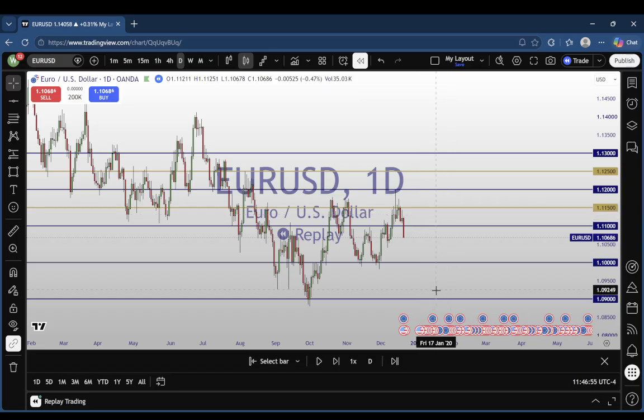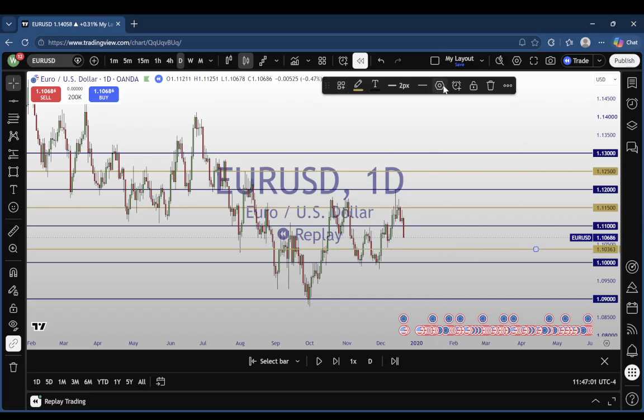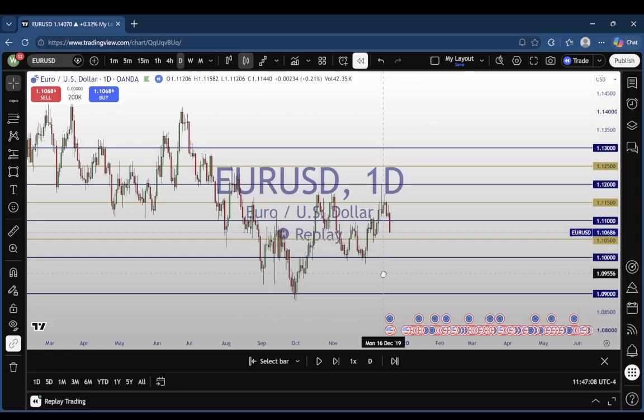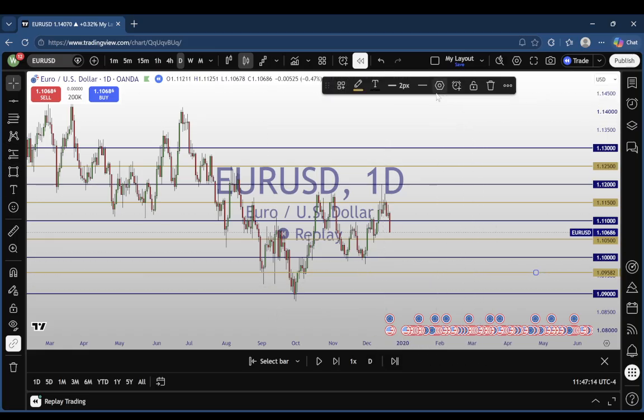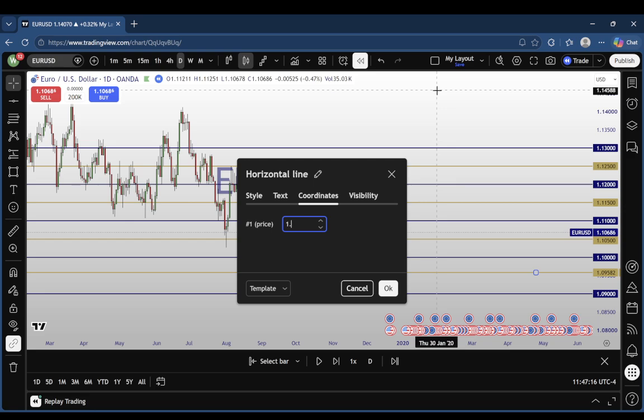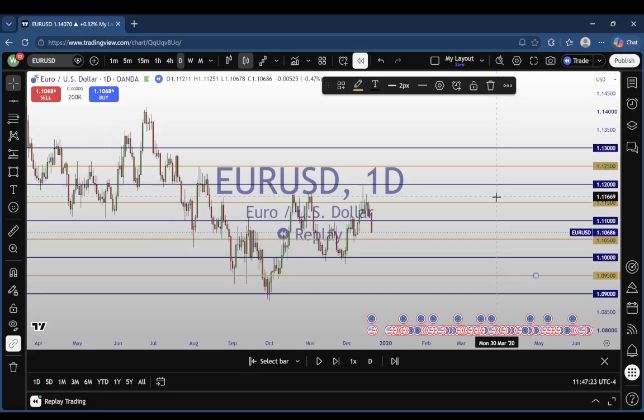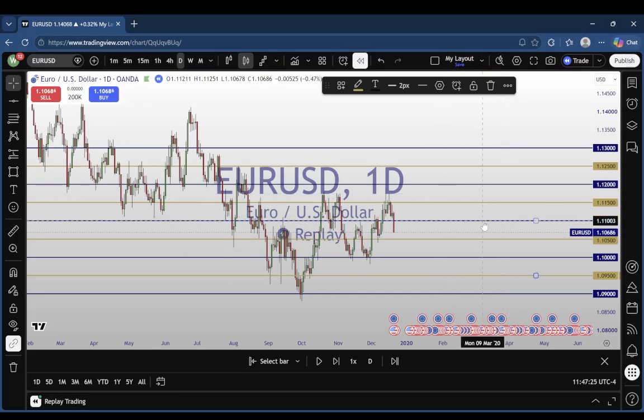And between 1.10 and 1.11, that'll be 1.105. And between 1.09 and 1.10, that will be 1.095. All right, so now we have our psychological levels, right? Our main levels and our mid levels.